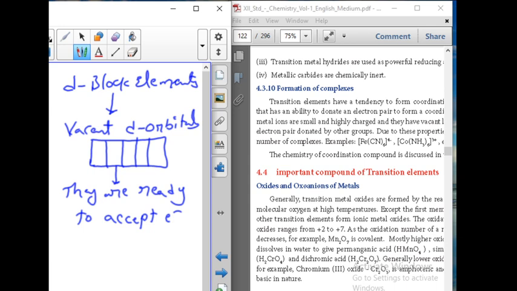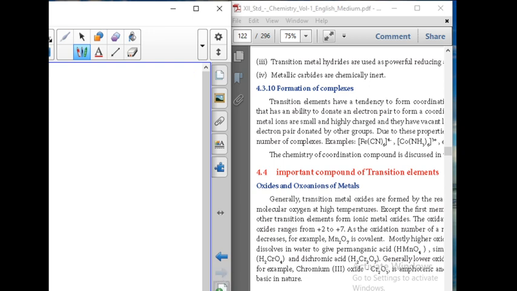So d block elements are ready to accept the electron pair. An electron pair acceptor is called a Lewis acid, and an electron pair donor is a Lewis base. Complex-forming elements are ready to accept electrons because they have vacant d orbitals, so they can form complex compounds.